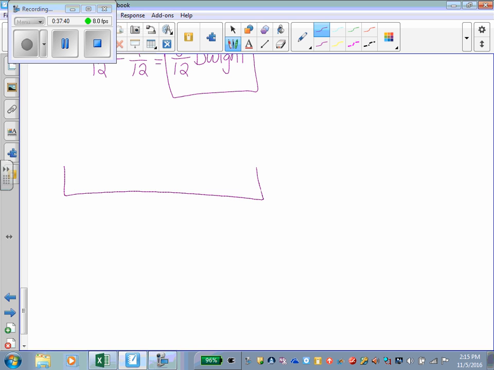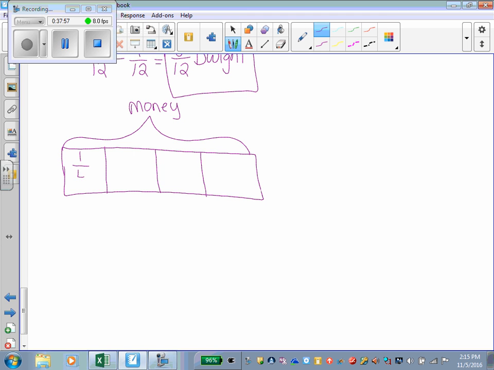So just to give us a visual of what we are looking at, we have some money. We know that he spent 1/4 of his money on the sandwich. Well, we can go ahead and divide his money up into fourths, 1/4 on the sandwich.